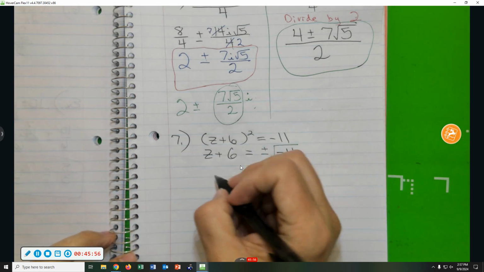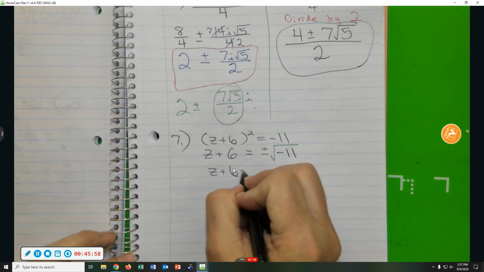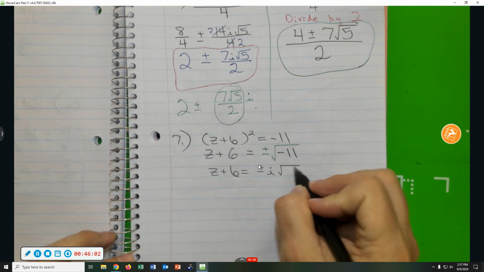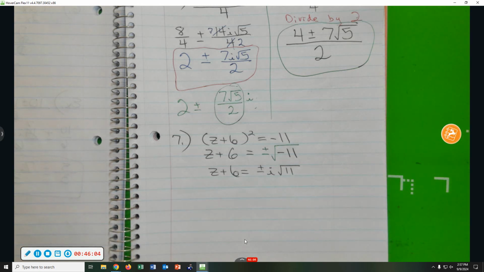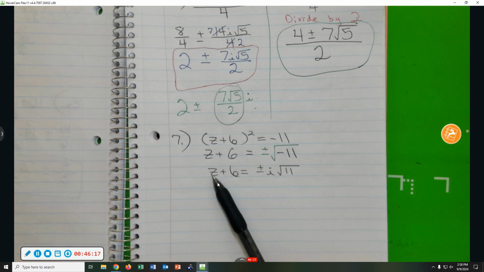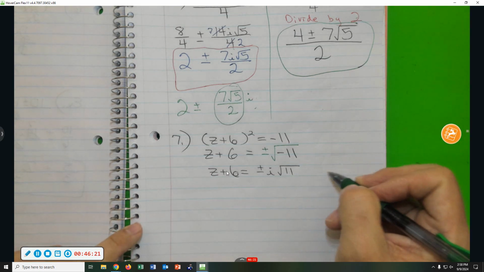So we're going to have z plus 6 equals plus or minus, I'll put the i, and then the square root of 11. There's only one step left. What is it? Subtract the 6. We need to get that z by itself, so we'll subtract 6, and don't stick it over here.